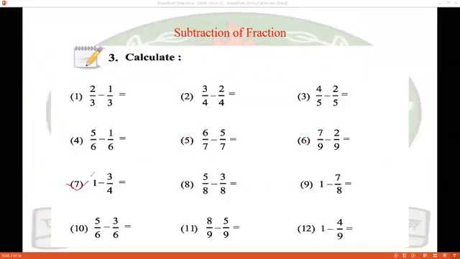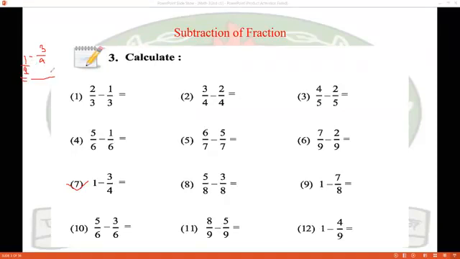Number 7. There will be 1 minus 3 by 4. So here is a 1. It is an integer. So you have to take a common denominator 1.